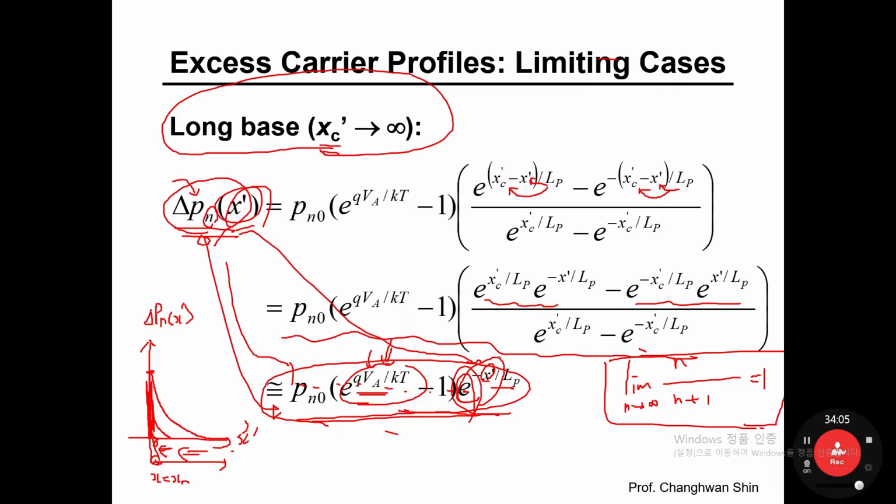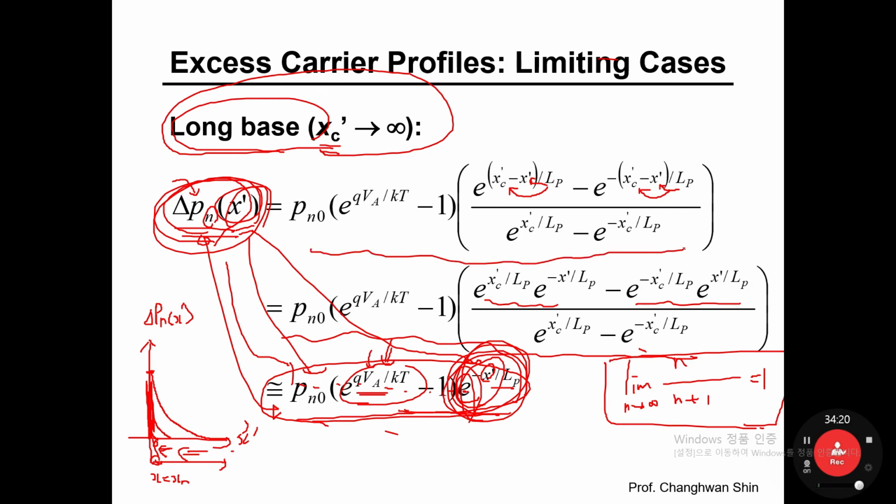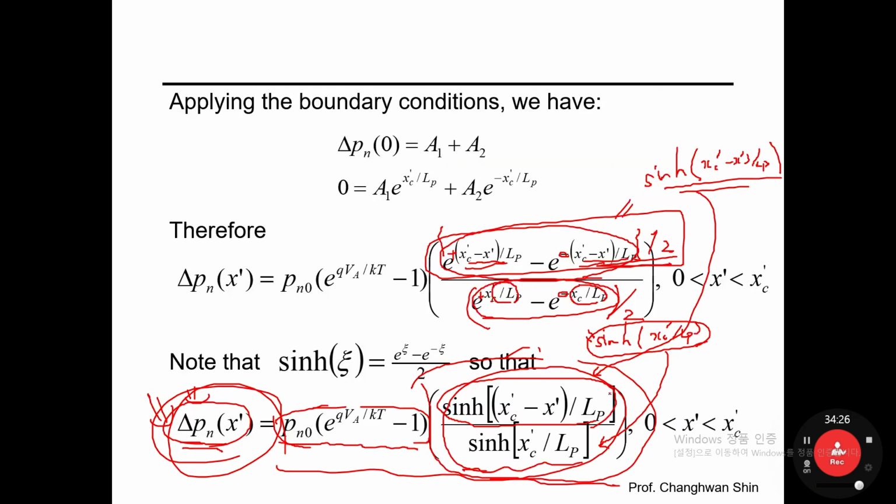However, in the case of a long base PN diode, delta p sub n is described with an exponential term. But instead of that term, in the previous slide, let's use the full original equation for delta p sub n.